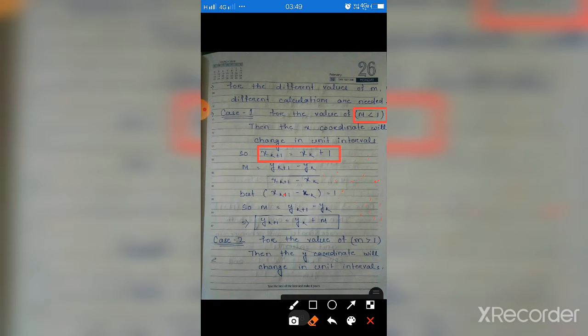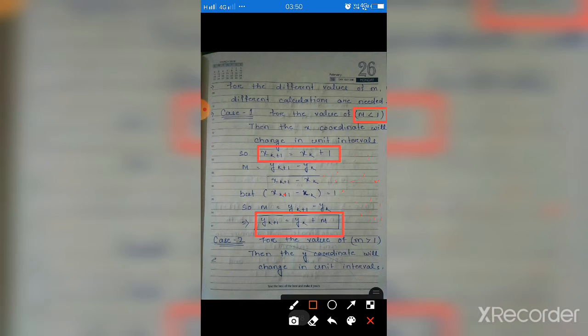How do we find it this way? If yk goes to the left side, then minus yk becomes plus yk, and m plus yk equals yk plus 1. So you can also write yk plus 1 equals yk plus m. So we can find the yk plus 1 value and the xk plus 1 value.